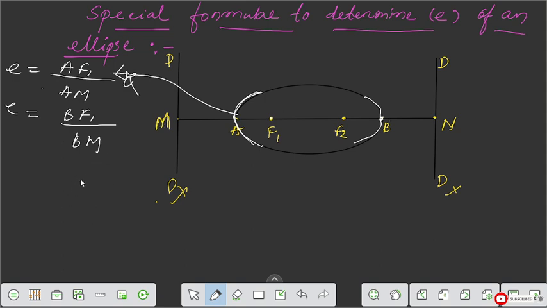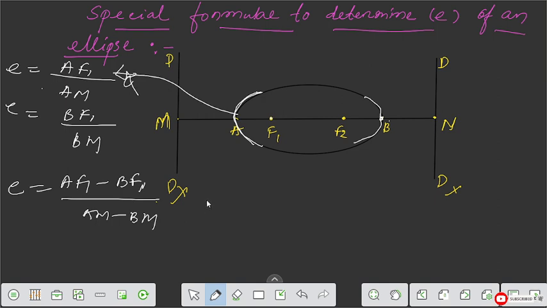Next we can just subtract this. So E is equal to AF1 minus BF1 divided by AM minus BM.